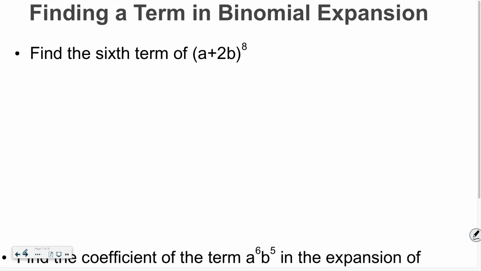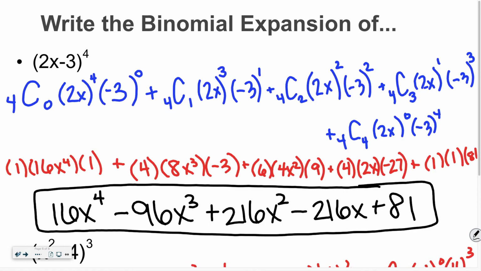Okay, I hear some really good arguments happening right now. I'm hearing you argue, is it 8 choose 6 or 8 choose 5? Riley, why is it 8 choose 5? Okay, if we go back to our binomial theorem, we start out with whatever choose 0.